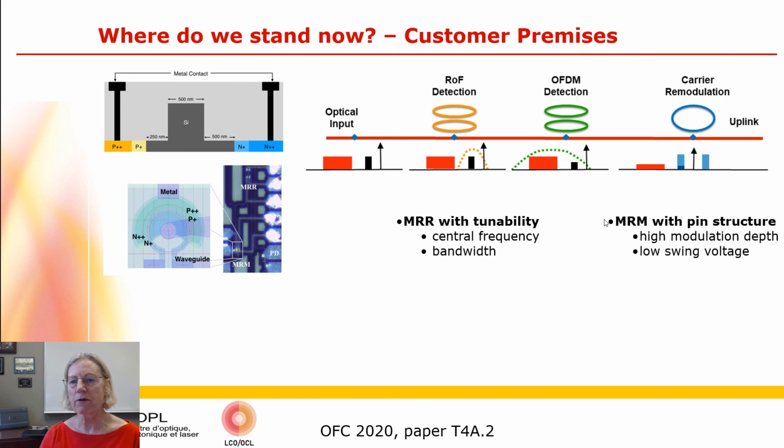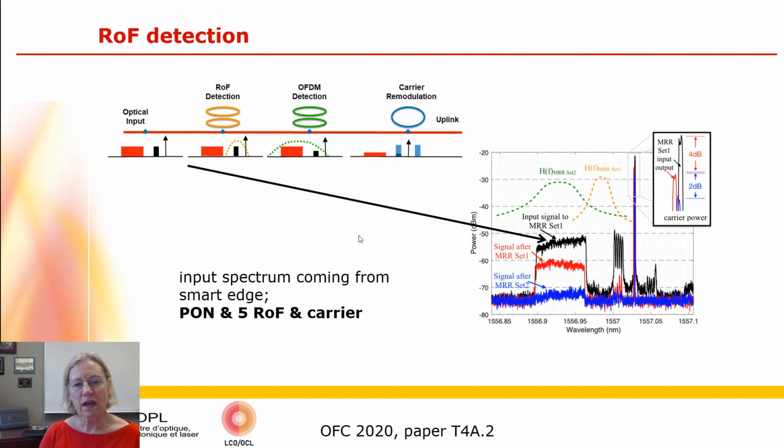And finally, there is a microring modulator where we have carrier remodulation for generating the uplink. So we fabricated the chip, and we demonstrated the efficiency of this solution for doing detection of these very disparate signals within 1 WDM slot.